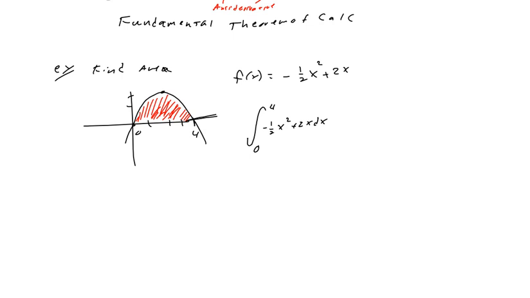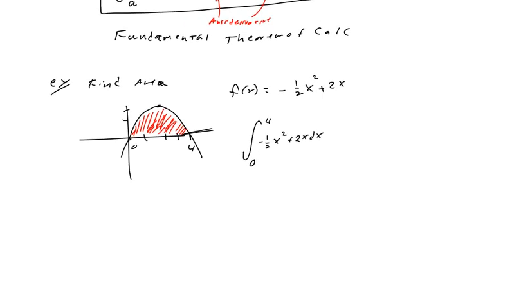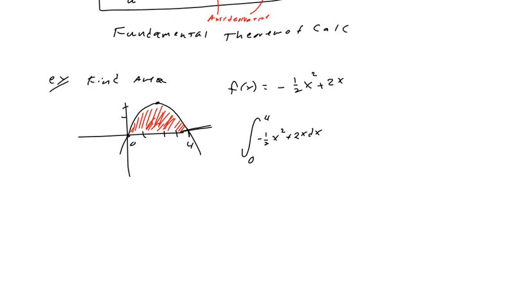I'm going to do the integral the same way we did before, just like last time, where we are doing the antiderivative, right? We're doing each part, and then we're going to plug in our values of 0 and 4, subtract them, and get the amount of area under the curve. So this is the exact area.